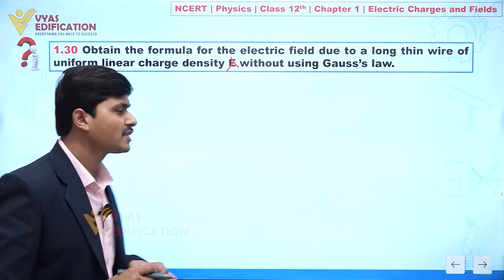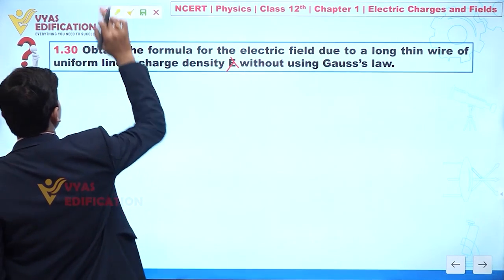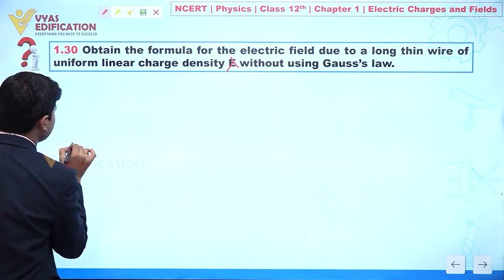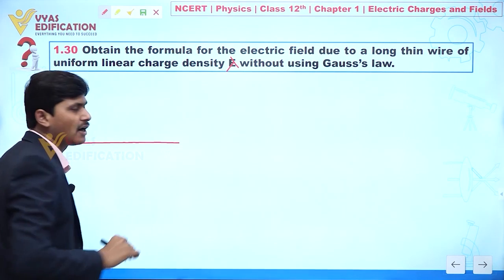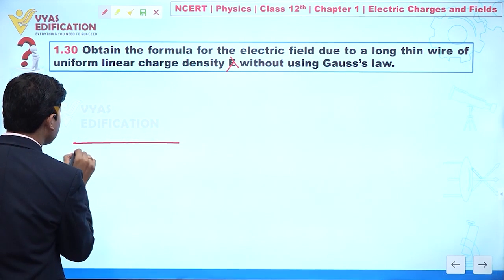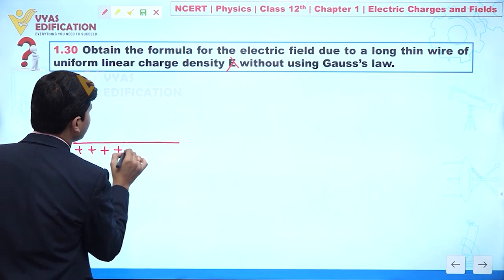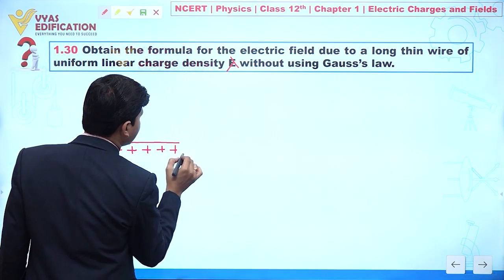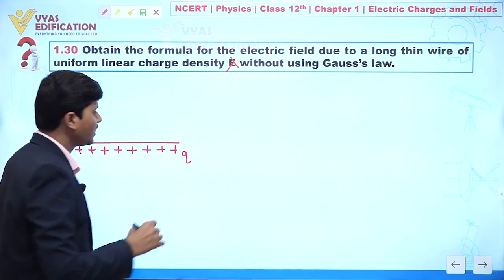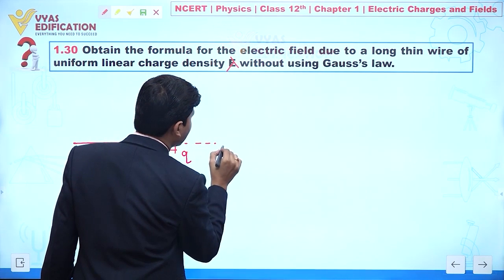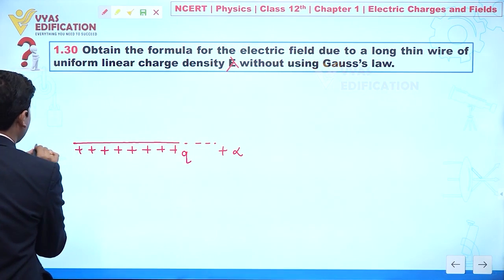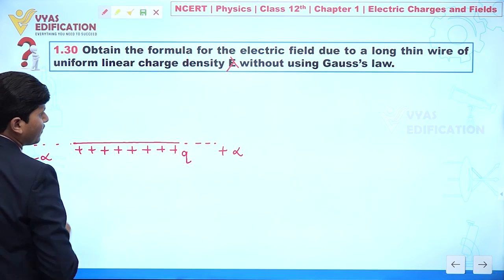Now concentrate on the screen. Let's suppose we have an infinitely long wire, and we provide a charge q, going up to plus infinity on this side and minus infinity on the other.